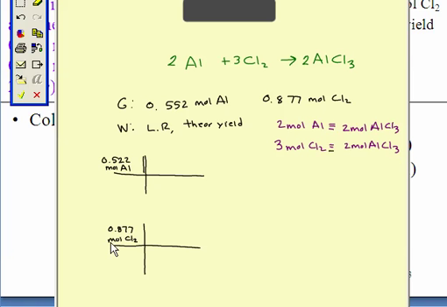So we have to do a mole ratio with each reactant. I have moles of aluminum here. I need moles of aluminum down here. And when I do my math, my moles of aluminum cancel out, and I get 0.522 moles of aluminum chloride.